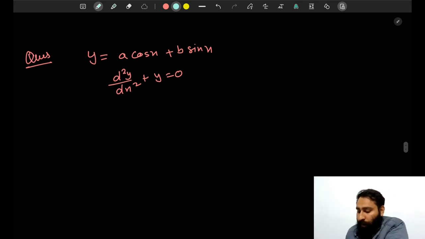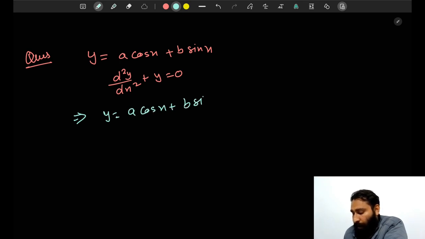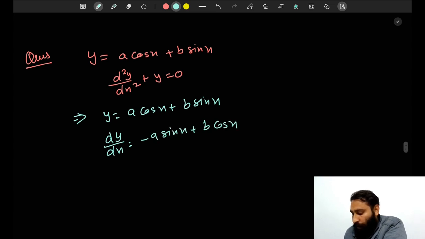Similarly, we do this question. When we say this is the solution of the differential equation, if y is equal to a cos x plus b sin x satisfies this equation, then we call it the solution of this differential equation. So y is equal to a cos x plus b sin x. We have to differentiate with respect to x, so dy/dx is minus a sin x plus b cos x.